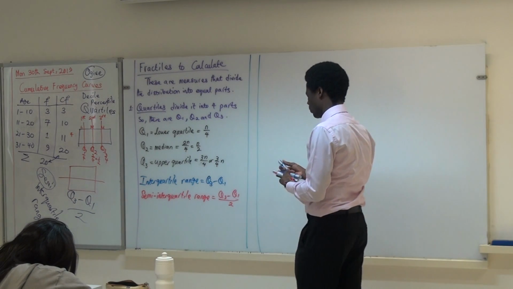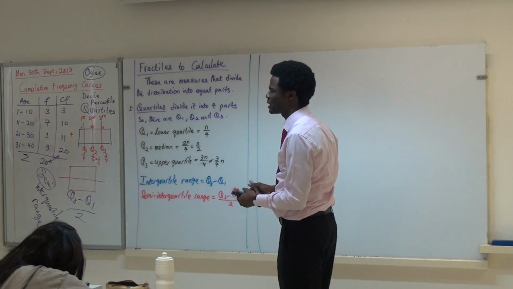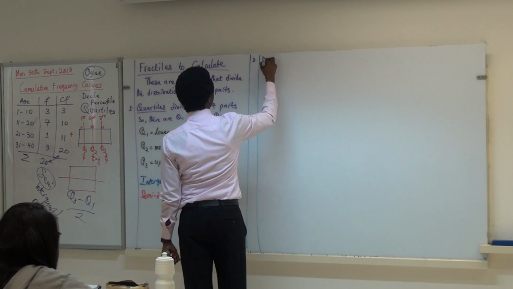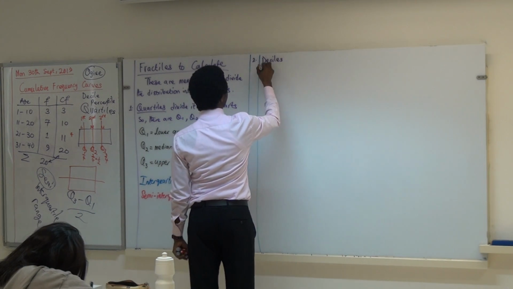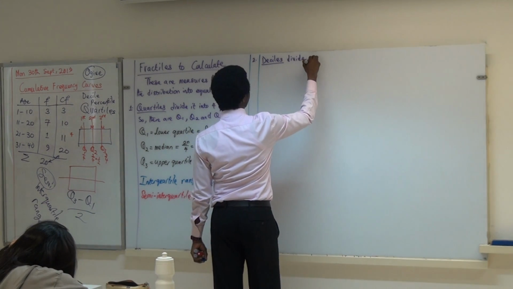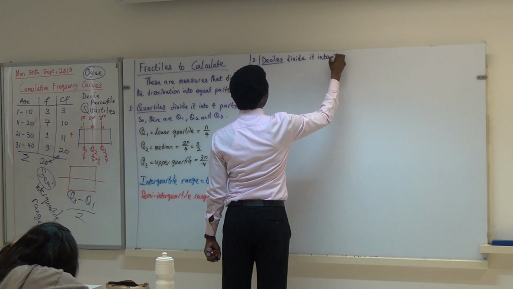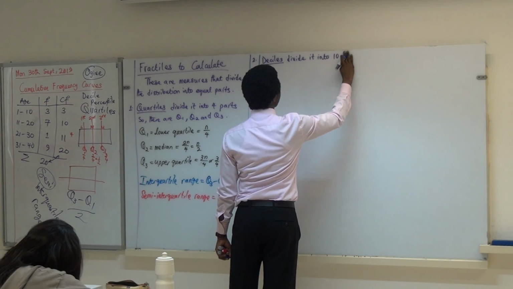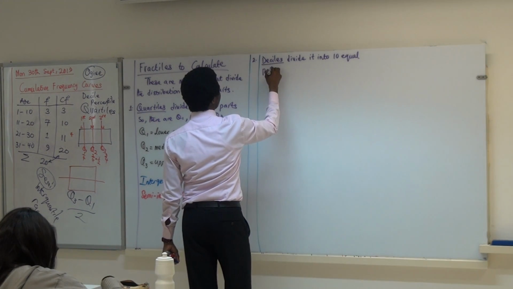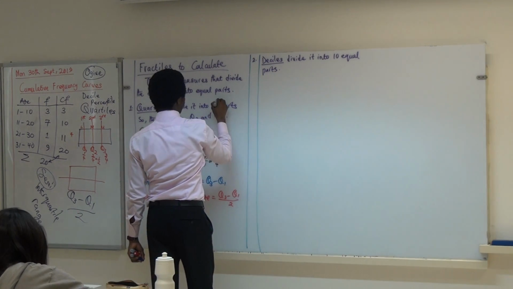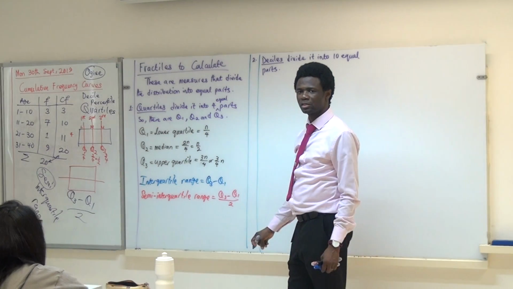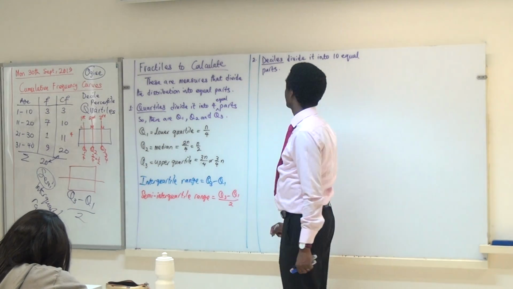The decile is not so popular, so the other popular one is the percentile. Okay? Equal parts, not just any 4 parts. For equal parts.